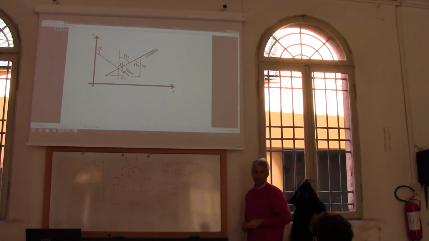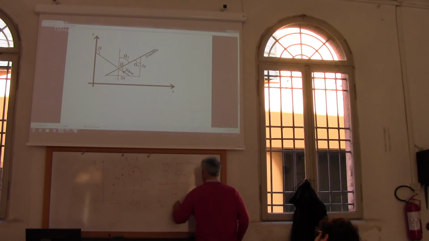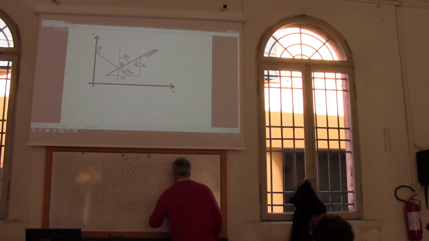If I'm not mistaken, I can write that tan alpha 1 is equal to delta x divided by 2dy, and therefore alpha 1 is equal to atan of delta x divided by 2dy.